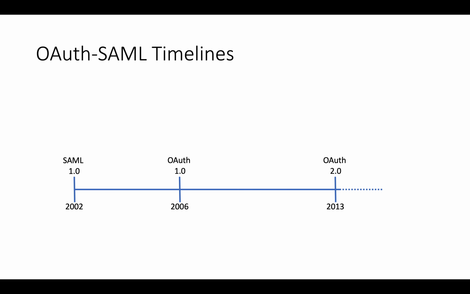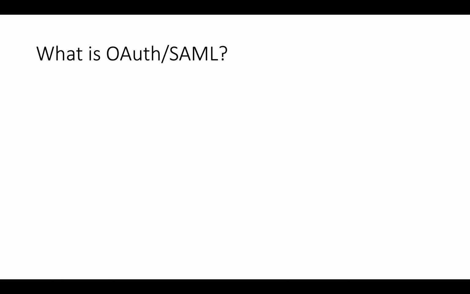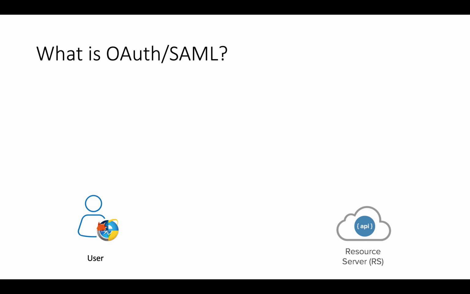So, the question is, what is OAuth or SAML? Let's say we have a user and a resource. What could be the most basic way to access the resource? The user requests a resource with a username and password.